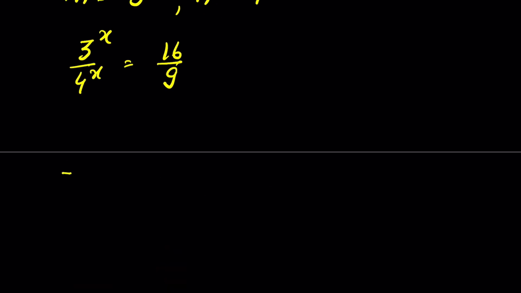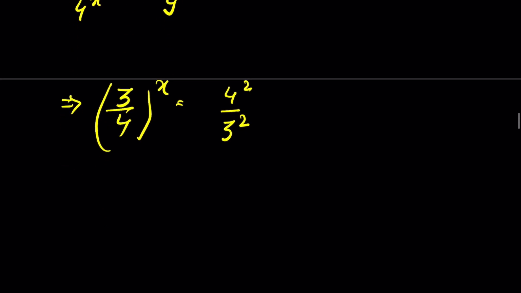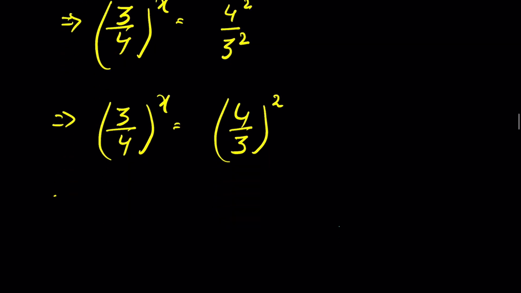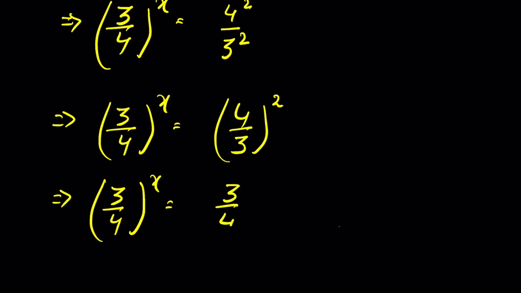Or we can write it as 3 upon 4 whole to the power x is equal to 16 as 4 square upon 9 as 3 square, or 3 upon 4 whole to the power x is equal to 4 upon 3 whole to the power 2, or we can write it in the form of negative exponent. So we can write it as 3 upon 4 whole to the power of minus 2.